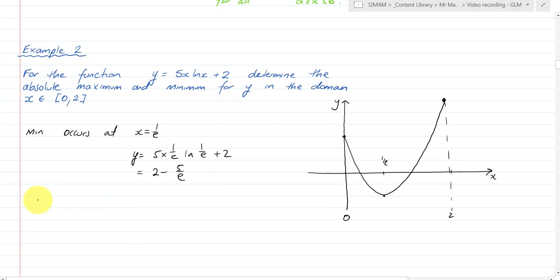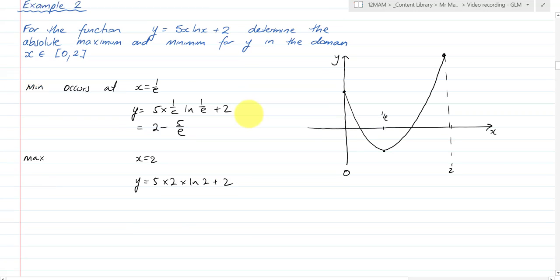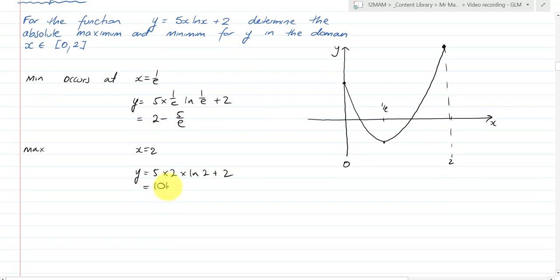The maximum occurs at x equals 2, and so y is equal to 5 times 2 times log of 2 plus 2, which is 10 log 2 plus 2, whatever that value is. But you can see we've used a graph there to get a bit of an idea of what's going on with this shape.